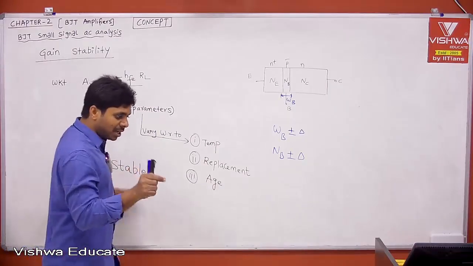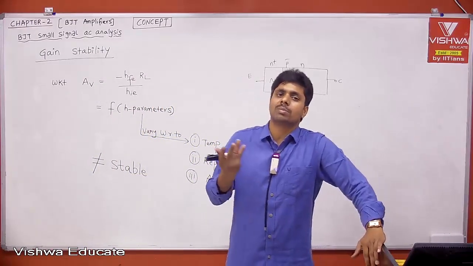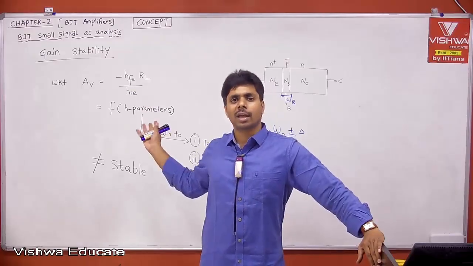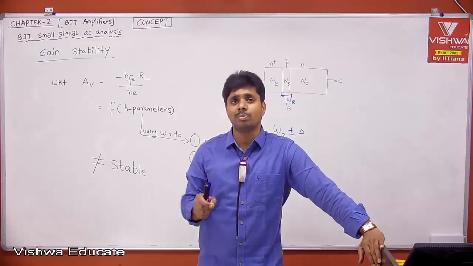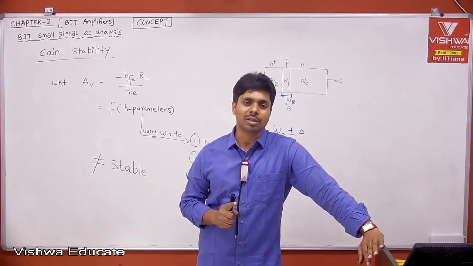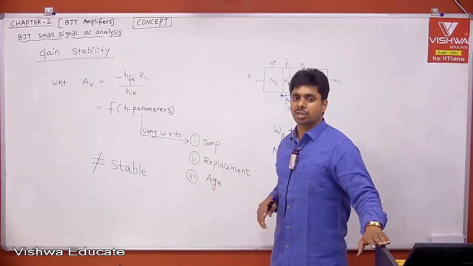In a few applications gain stability is not that important. If gain stability is not that important, you can go ahead even with the gain variation, that is fine. Wherever gain stability is very important, then we need stability. How to improve the stability, that part I will explain in the next session.